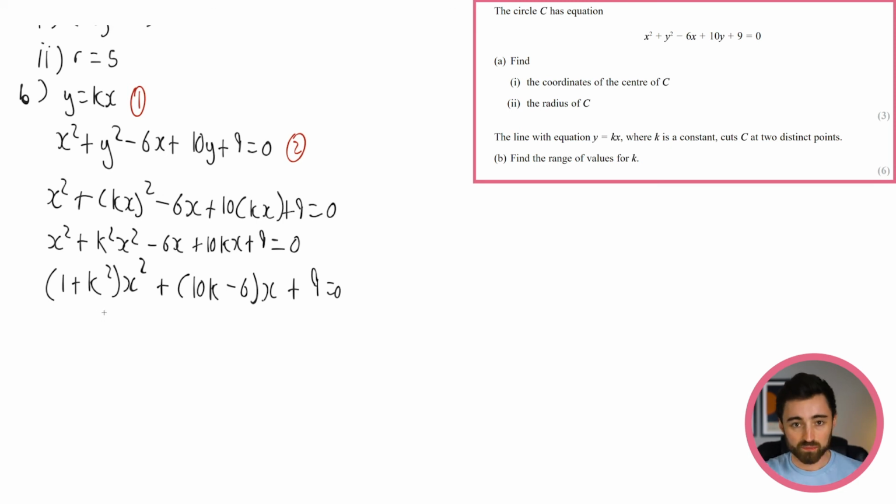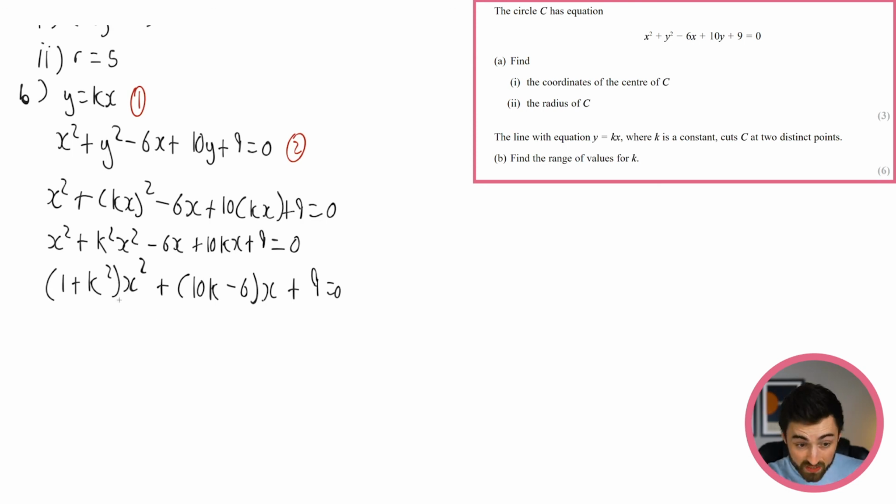If I know that there are 2 points where they intersect, I must know that this equation has 2 solutions, right? So there are 2 distinct x values, because there are 2 distinct x coordinates where they intersect. Therefore, this thing here must have a discriminant which is greater than 0, okay?